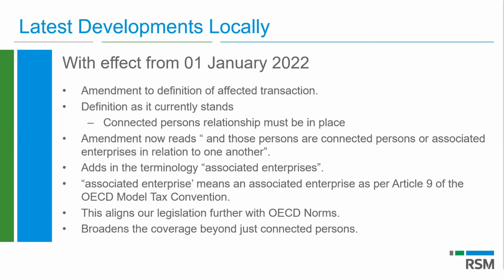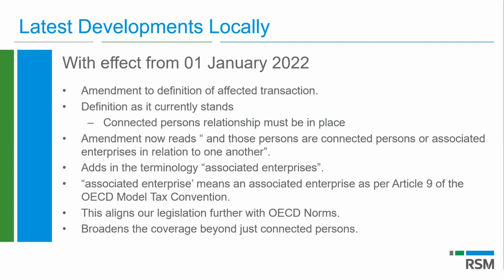The effect of this is that it aligns our legislation further with the OECD norms, because this is the terminology and definitions that are applied by the OECD. And it broadens the coverage beyond what are just connected persons as defined within the South African Income Tax Act.